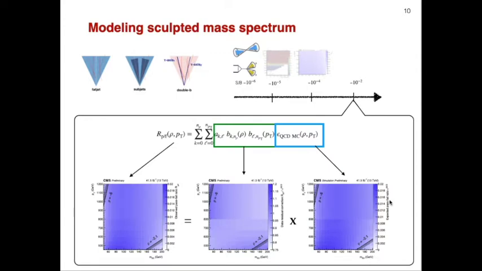You can see the Monte Carlo map really captures most of the expected sculpting with the correct overall efficiency of 1%. Therefore, the data to Monte Carlo correction is of the order 1 and reasonably flat against mass and PT. And this is the resulting mass sculpting map.